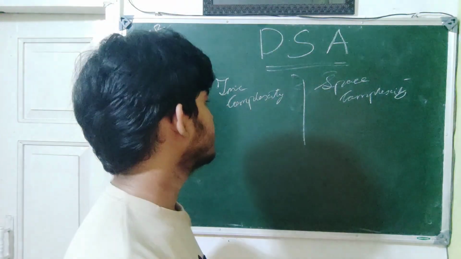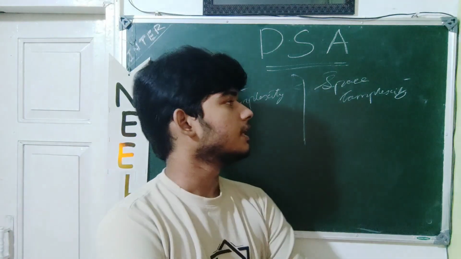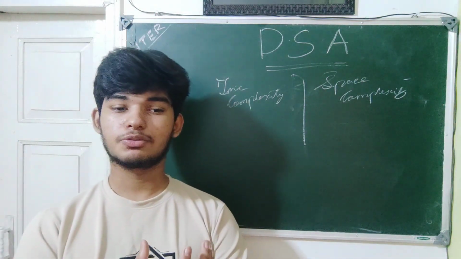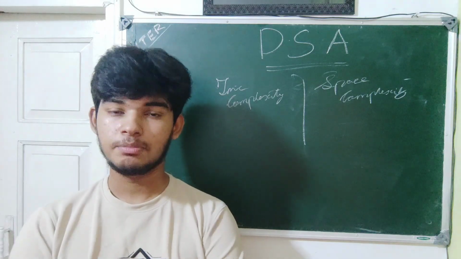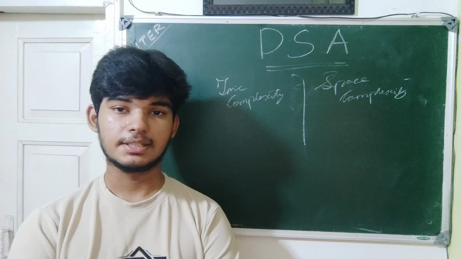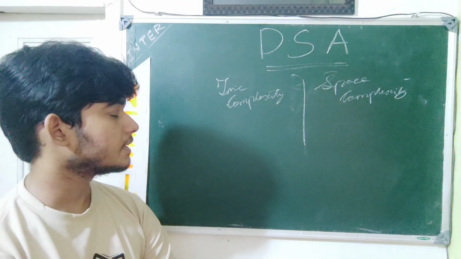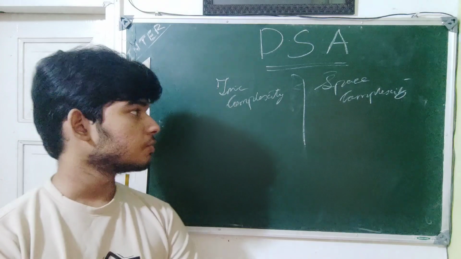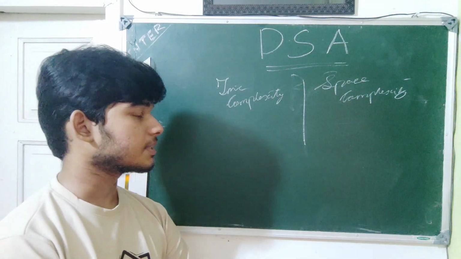So, what are time complexity and space complexity? Well, time complexity basically tells us the amount of time it takes for the code to run a program depending on the amount of data that the algorithm has. And the same works for space complexity, but instead of time it measures the amount of space taken, right? So that is basically about time complexity and space complexity.